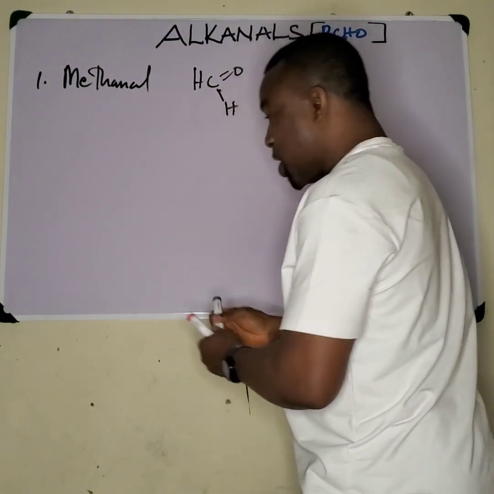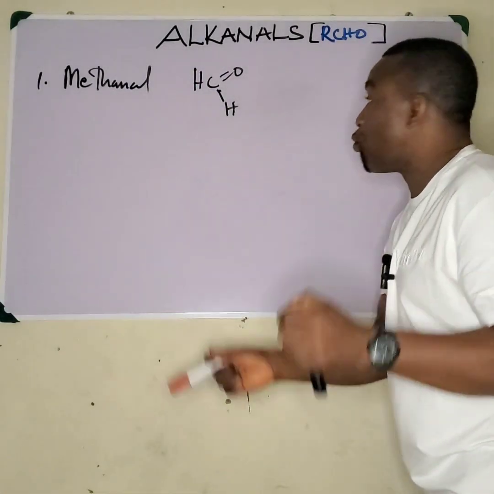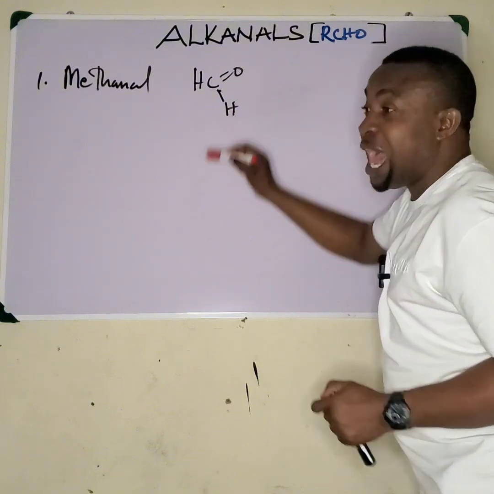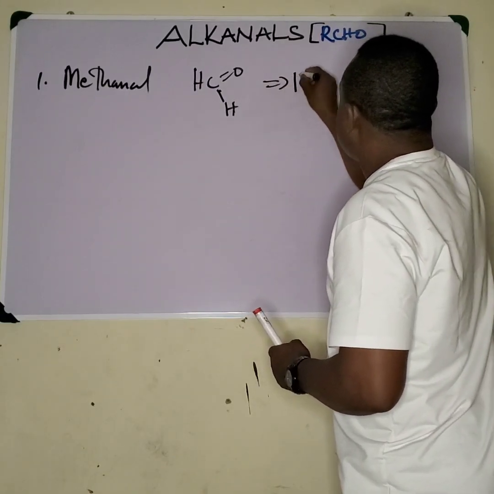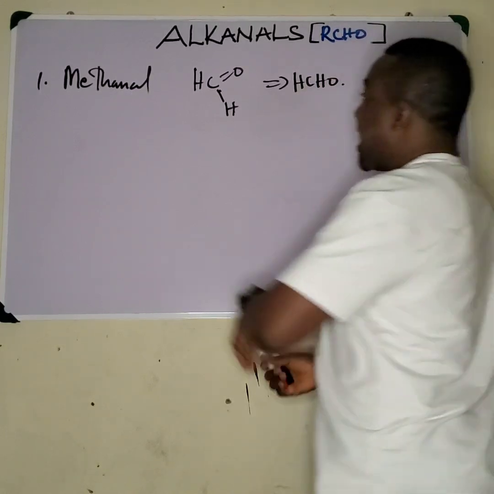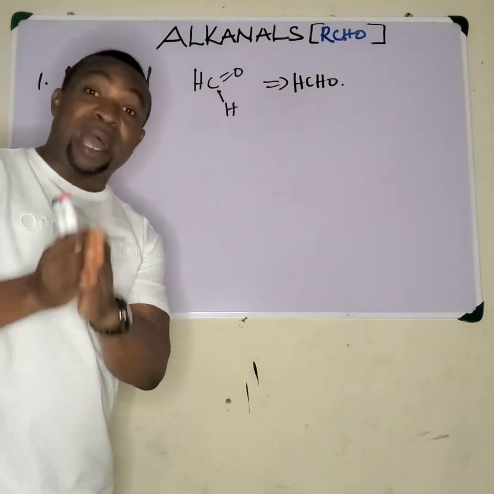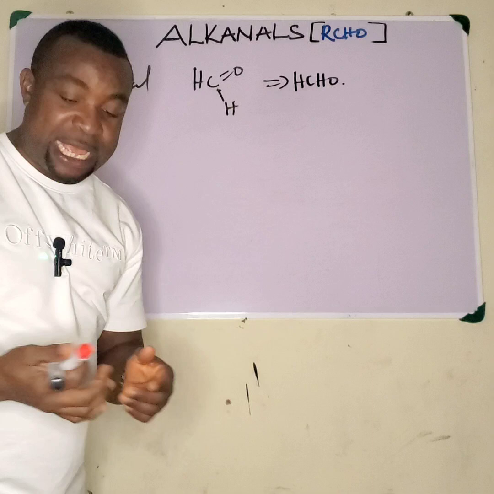Remember, when we discussed that R represents the alkyl group or phenyl group, it can also represent the hydrogen atom. It simply means that we have HCHO, and this compound is known as methanal. Methanal is the first compound in this group of alkanals or aldehydes.